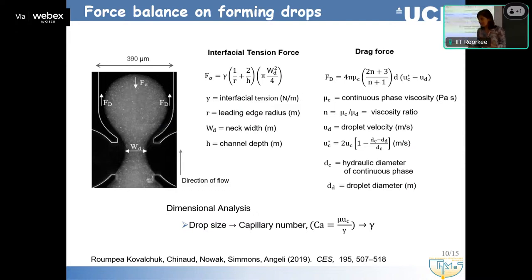CFD will give you a better, more detailed answer, but these are analytical models where you say, for example, the drag force will depend on a drag coefficient. How do you calculate the drag coefficient? You don't have a solid body, you have this shape. But anyway, there are some suggestions on how to do this. Basically, these are the two main forces, and that's why the drop size we get depends on the capillary number. And so then you can do a lot of work.